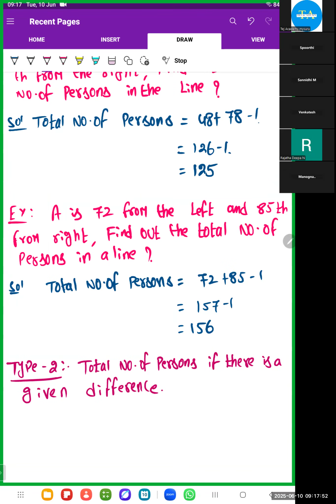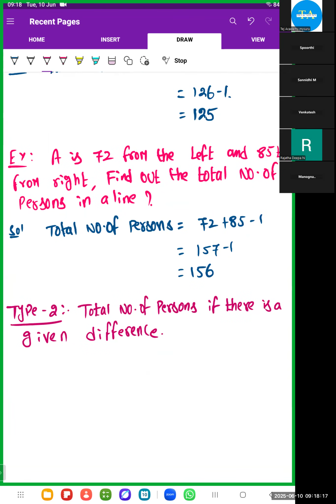In the previous case, we calculated from left to right. But here, they'll ask between 5, between 2, between 8, like that. In such a case, how to calculate the total number of persons.